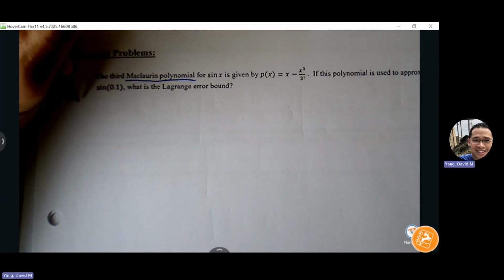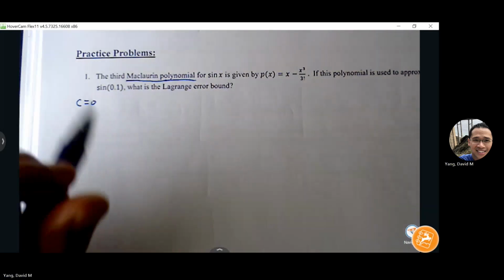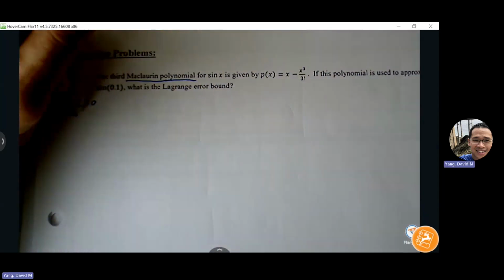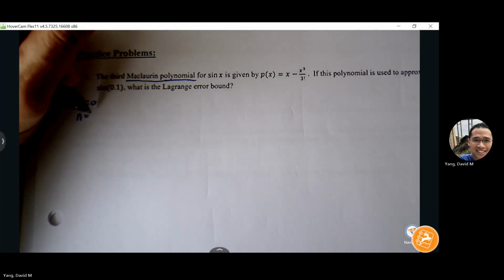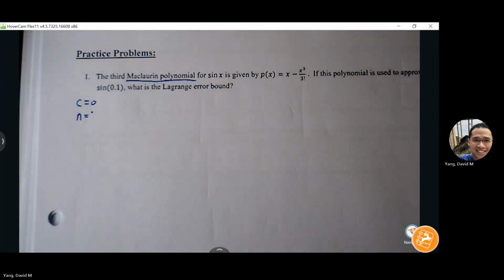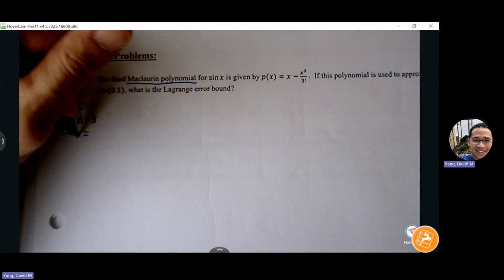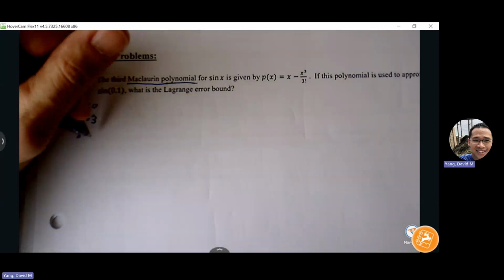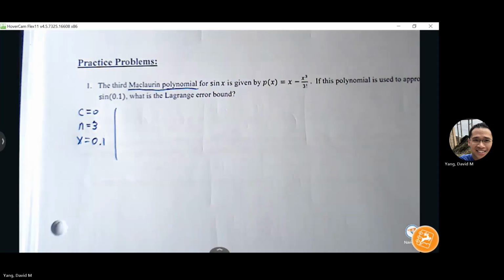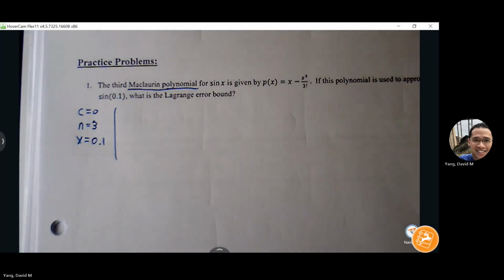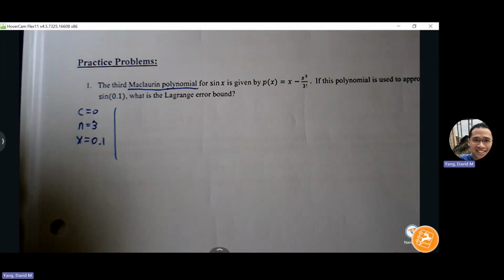Maclaurin means c equals 0. N equals 3, okay. What's my x value? 0.1, yep. So my interval is between 0 and 0.1.